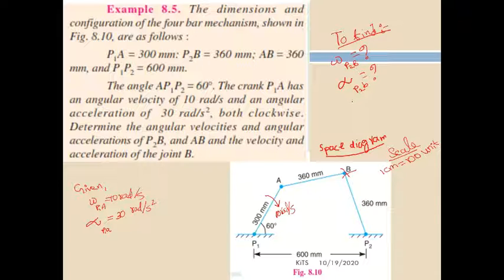We have to find out P2B, AB. Then we have to find out acceleration of a point B. For acceleration, symbol is a.